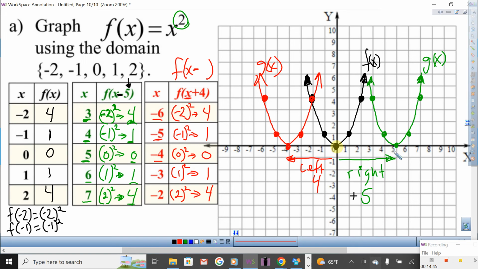We moved it 5 to the right. So this one moves to the left. So what shall we substitute in here if we move to the left? Negative 4. That's where we move to, to negative 4. So now, what is negative times a negative?